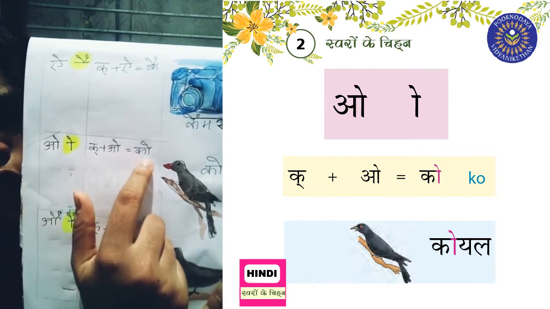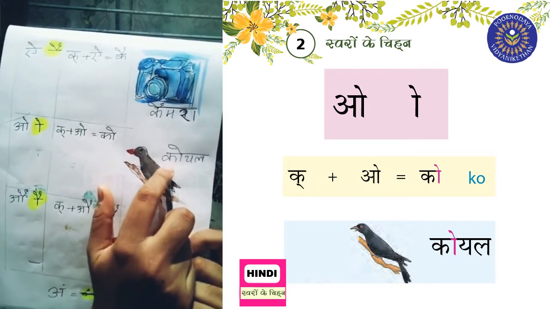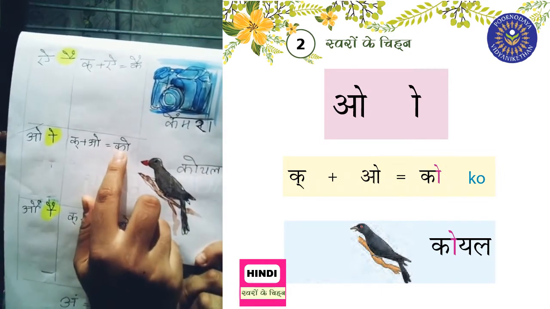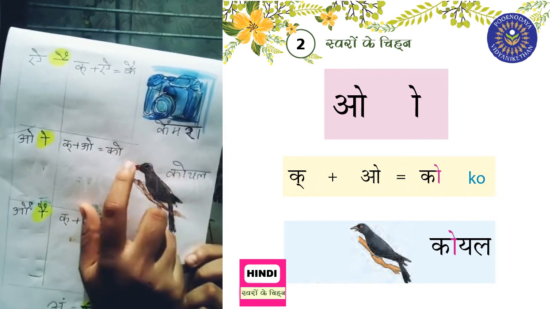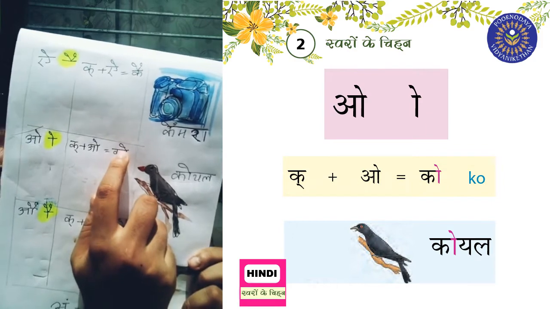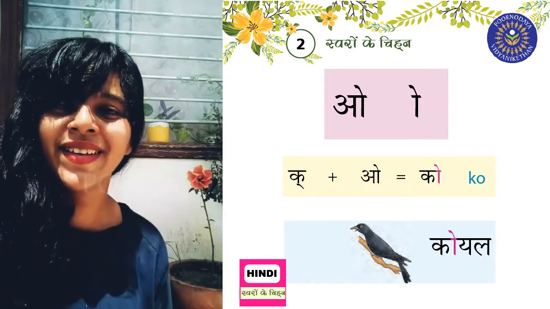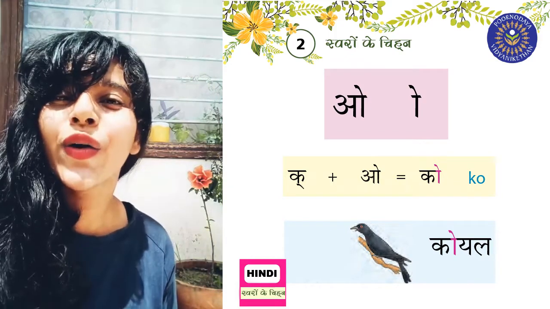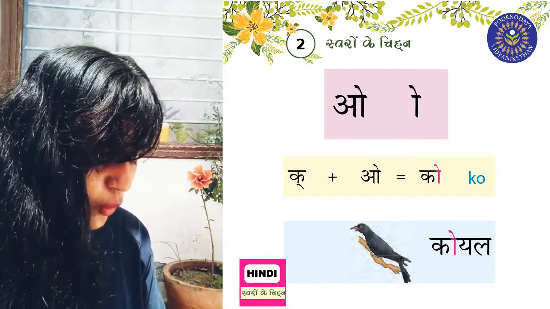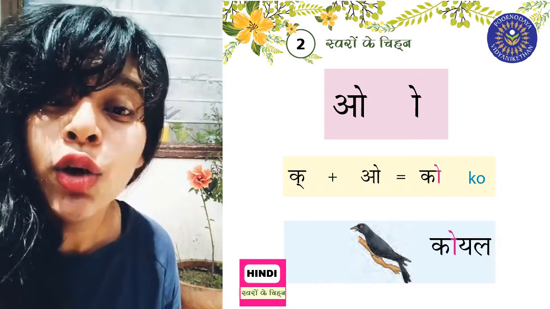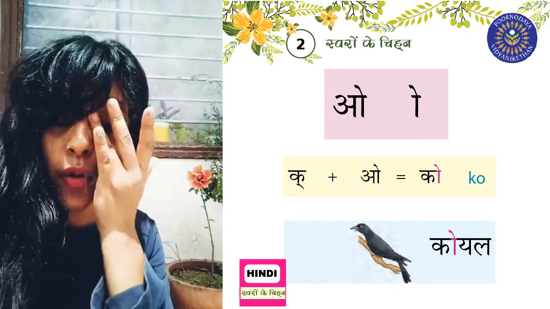So it becomes ko, koyal. You see this? The same first letters. Koyal. So ko plus matra O. Let me show you how koyal sounds. Coo, coo.